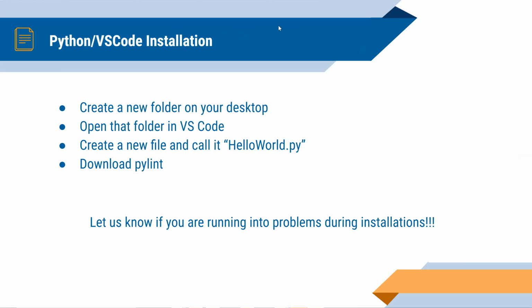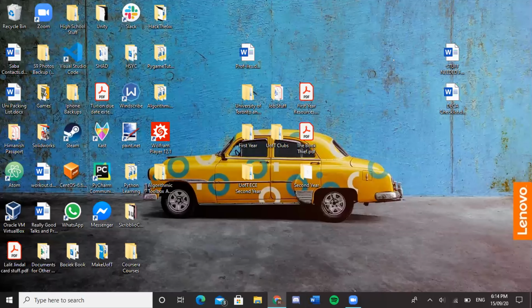So I'll take over this screen share, and I will show you how to set up VS Code and how to actually start a new file so that you can code in VS Code. Okay, so can everyone see my screen now? Okay, cool.